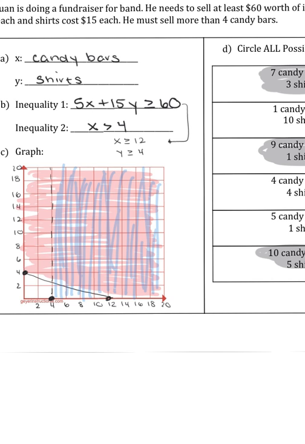We can show that 7, 3 is a solution because it's in that shaded area. We can show that 9, 1, which should be about right here, is also a solution.